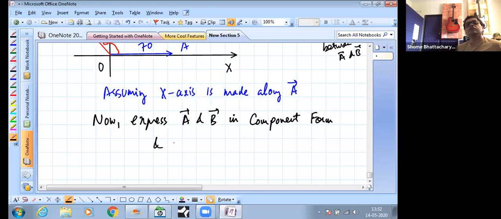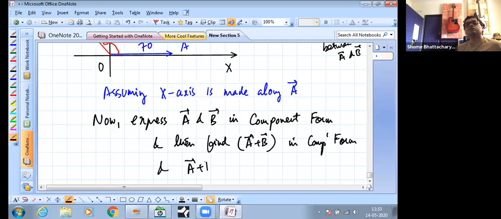And then find A plus B, again in component notation. And finally, find magnitude of A plus B. Okay. So make this diagram and now work out the second and third step yourself.